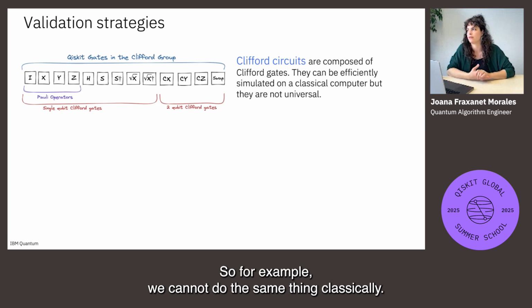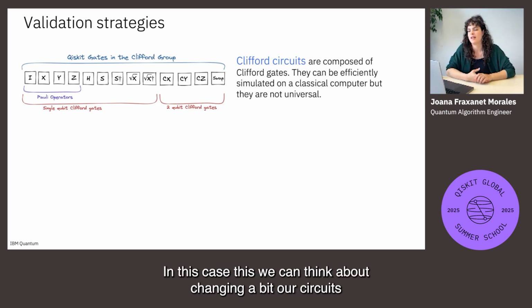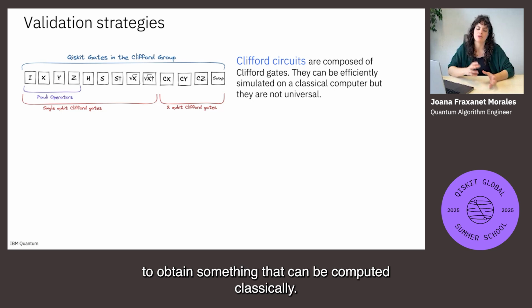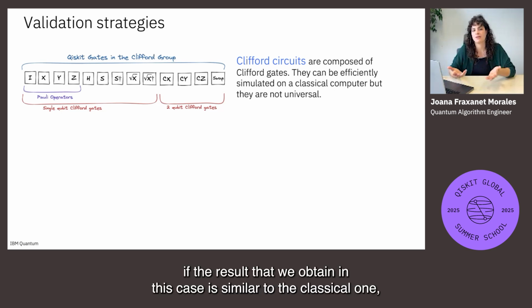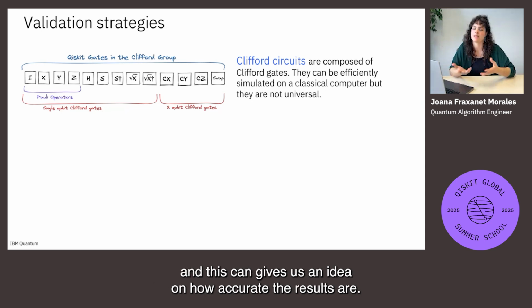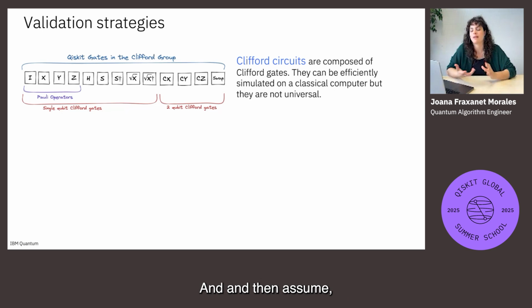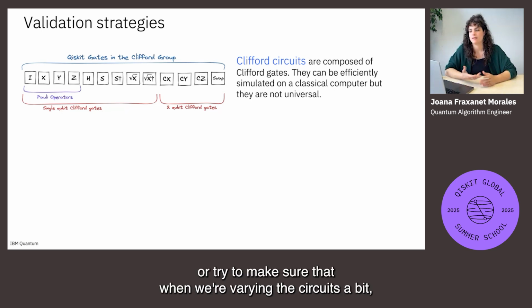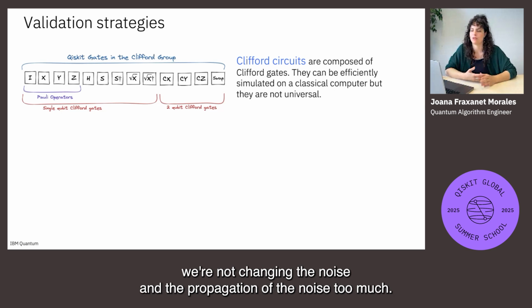For example, we cannot do the same thing classically. In these cases, we can change our circuits a bit to obtain something that can be computed classically, then check if the result we obtain is similar to the classical one. This can give us an idea of how accurate the results are, assuming, or trying to make sure, that when we vary these circuits a bit, we're not changing the noise and its propagation too much.